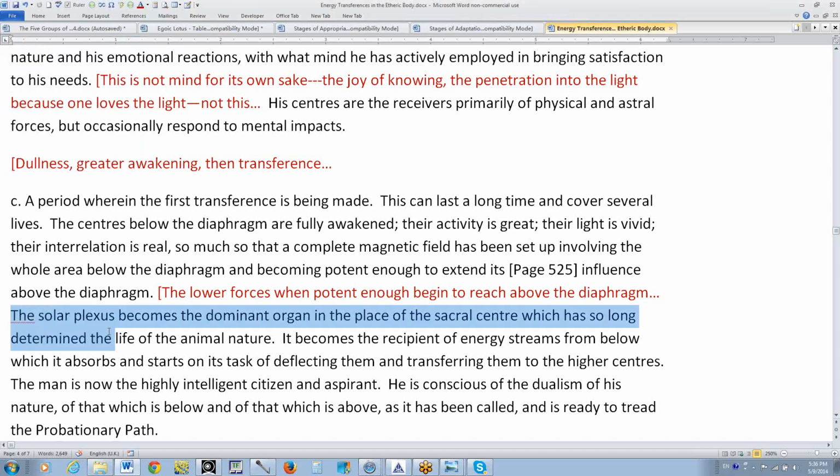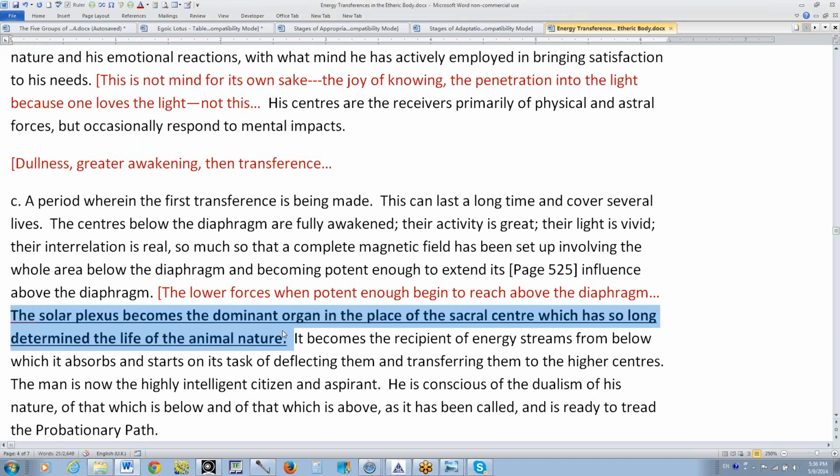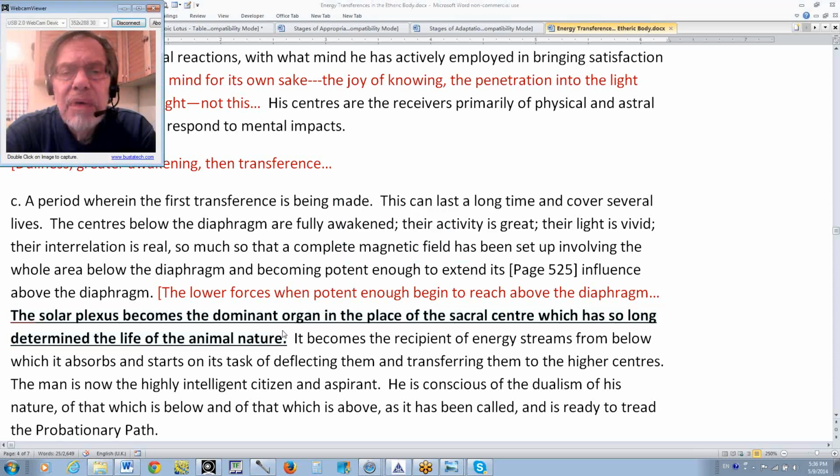So, there's a lot of focus here in a fully developed second petal, I would say. It becomes the recipient of energy streams from below, which it absorbs, and starts on its task of deflecting them and transferring them to the higher centers. And so, we talk about the transfer of the sacral center to the throat, but it looks like it has to go through the clearinghouse of the solar plexus before being transferred to the throat, transferred to higher centers.